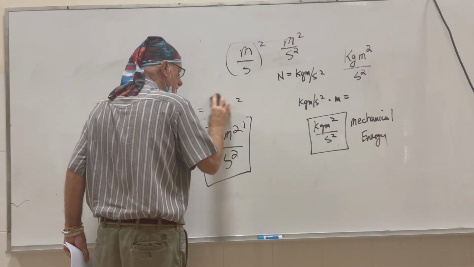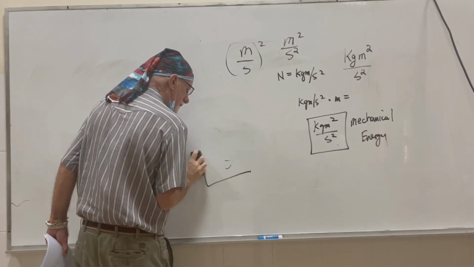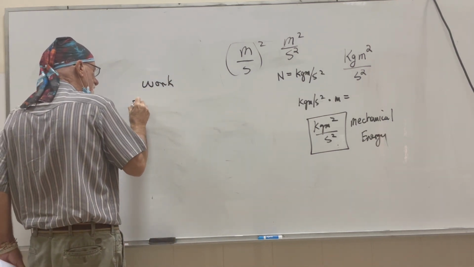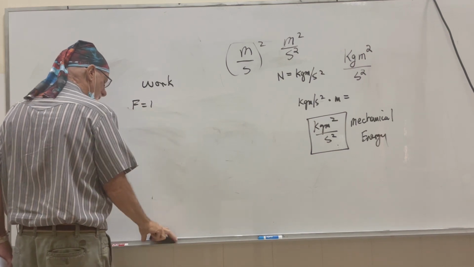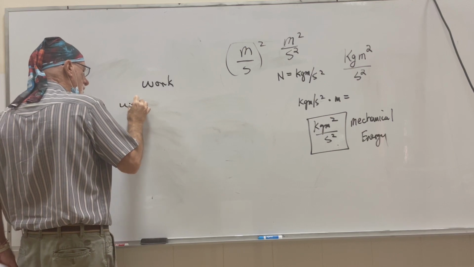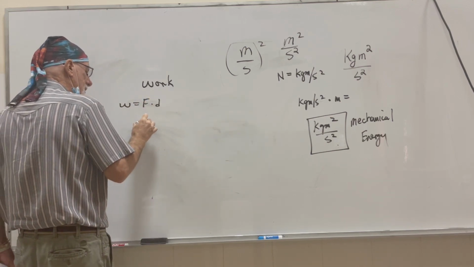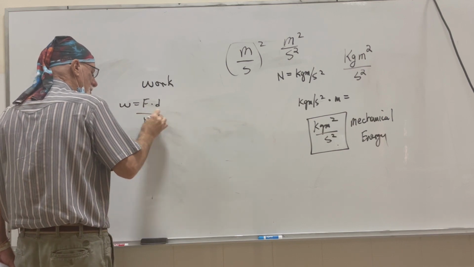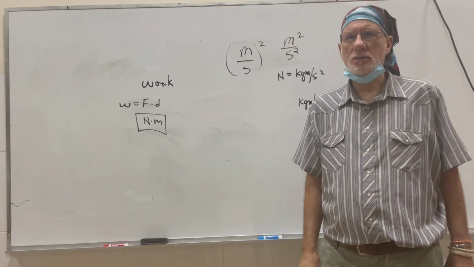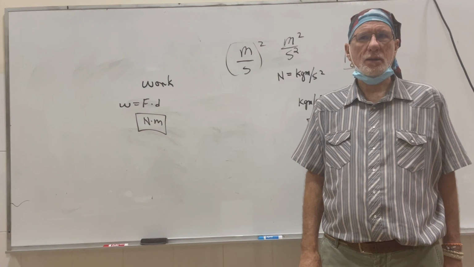Okay, this marker is just absolutely awful. Okay, so if you want to say work equals force times distance, if you want to say Newton meter, you can do that. But we have a very special unit label for work.